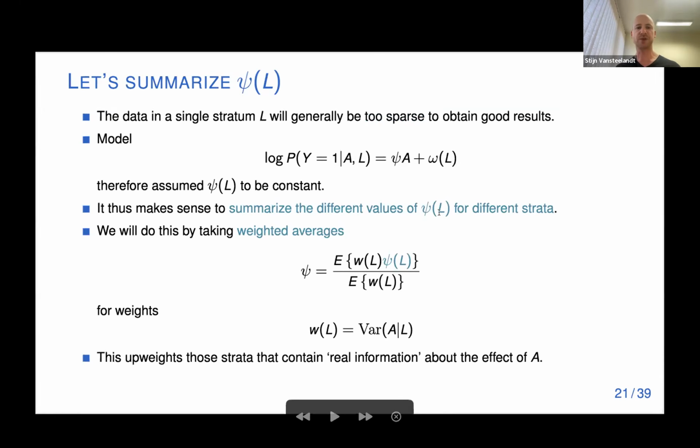And we've chosen to do that by taking weighted averages, where the weights will be the variance of the exposure given L. And the reason why we focus on this variance weighting is because it's upweighting those covariate strata where we see real information about the exposure effect, where at least we see some variability in the exposure.